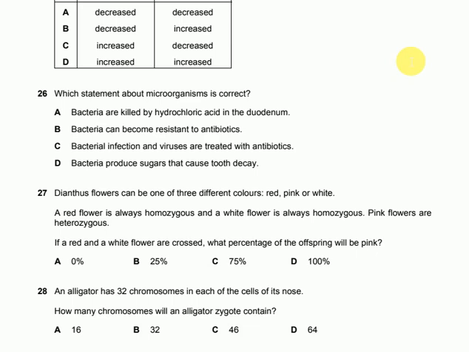So there is no use of taking antibiotics if you have a viral infection like influenza, for example. And D: bacteria produce sugars that cause tooth decay. Now, they produce acid that causes tooth decay. So the answer is B.